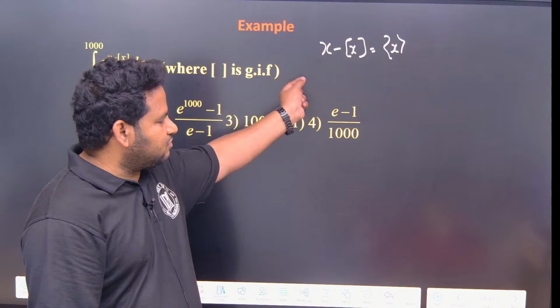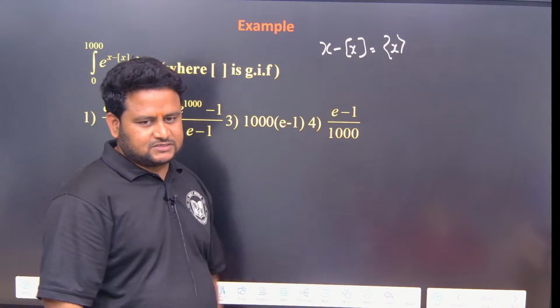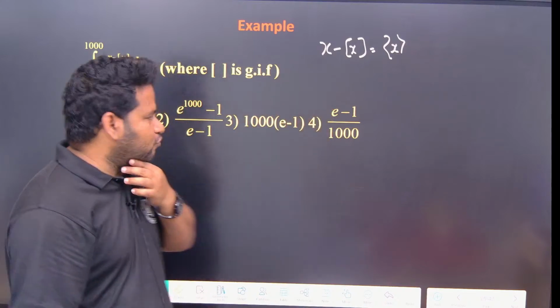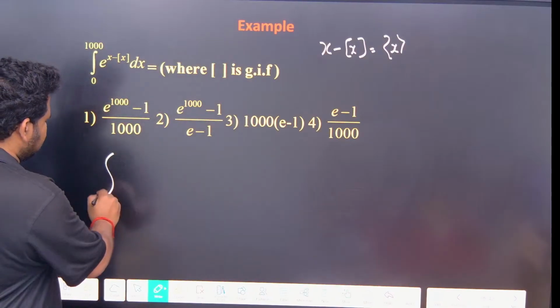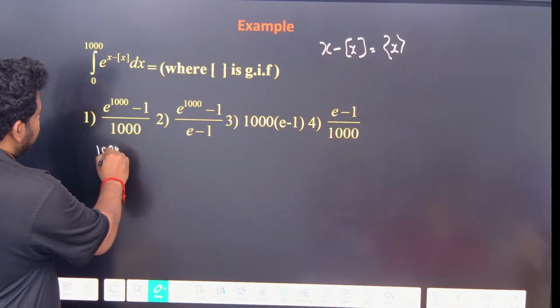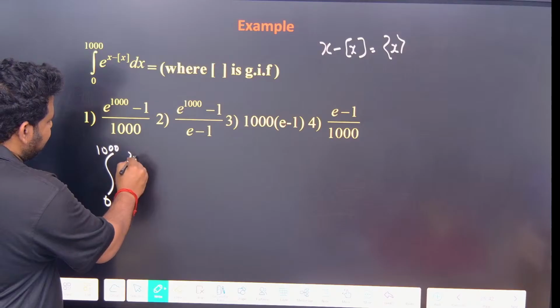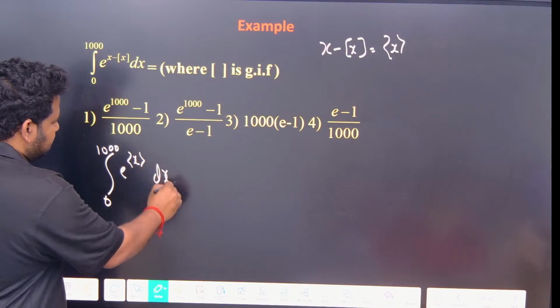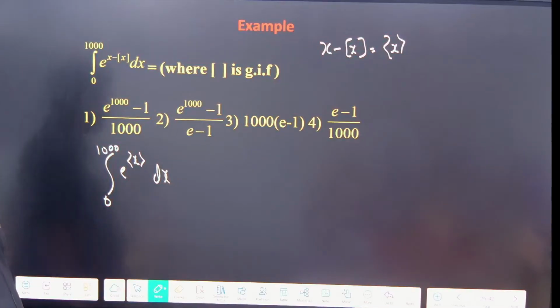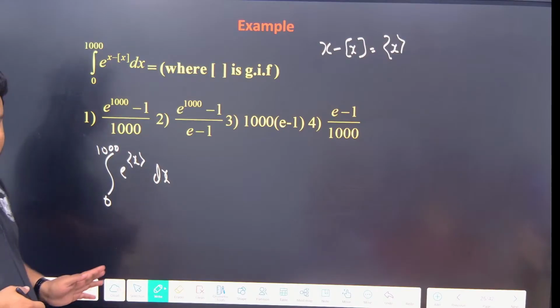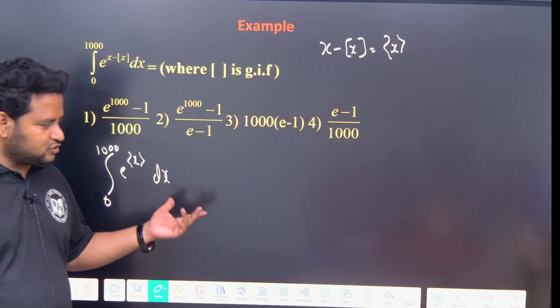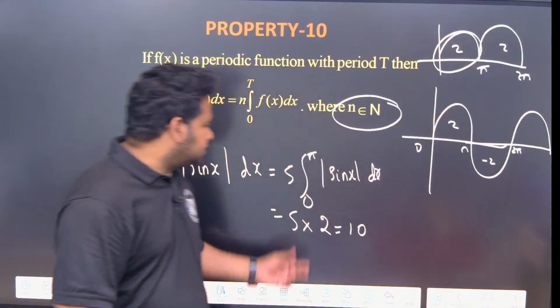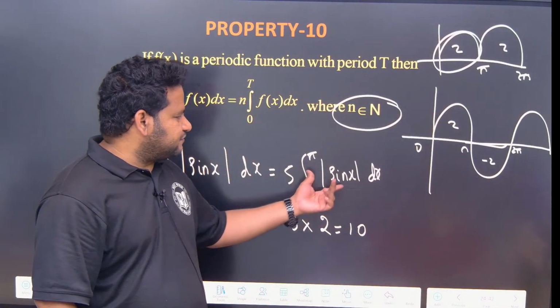So this becomes the integral from 0 to 1000 of e power fractional value of x dx. Now we have to consider the period of this function. In the previous question also, we considered the period of mod sin x.